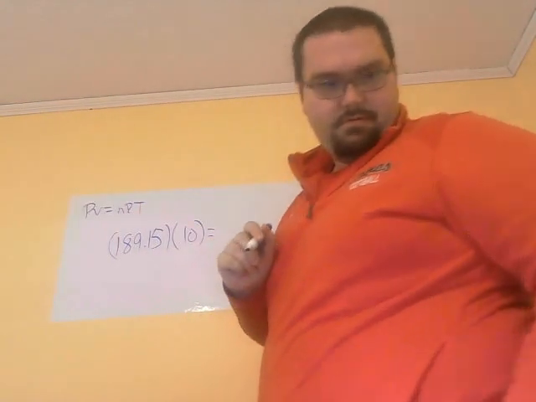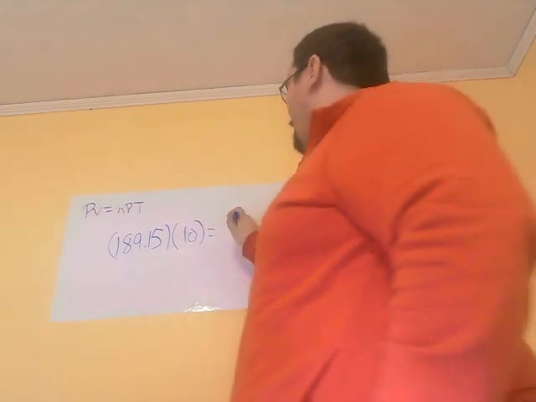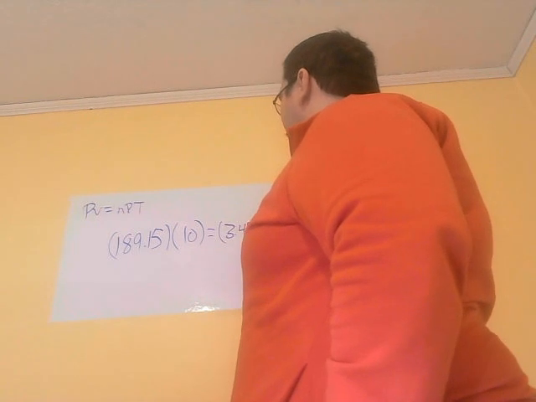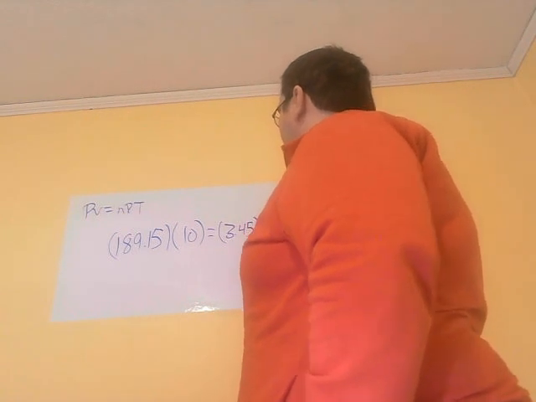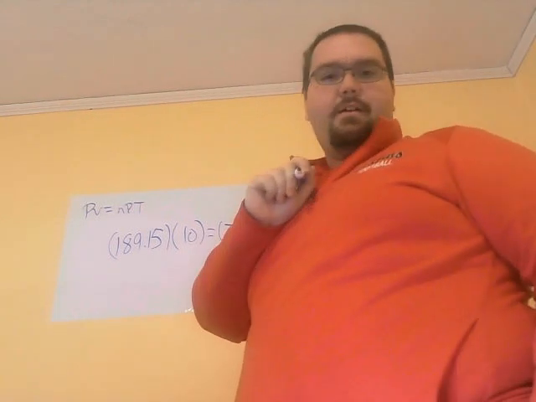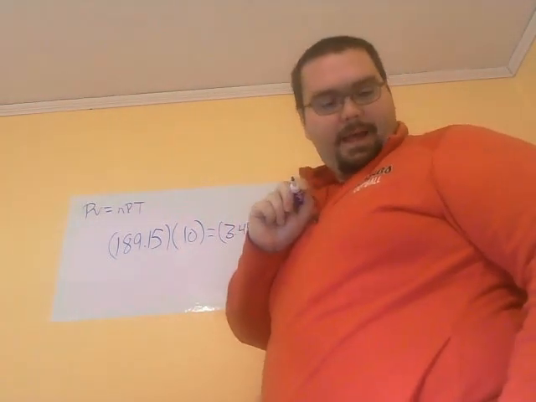And we're multiplying that by 10. It's going to be equal to 3.5 moles. That's how much gas is in there. And R this time is going to be 8.314 because we're using kilopascals instead of atmospheres.